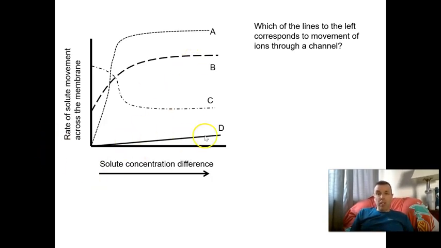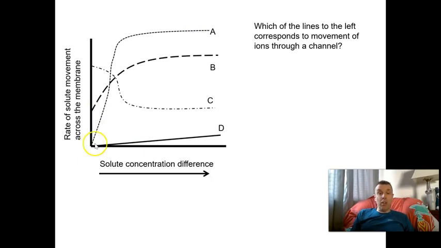So that probably eliminates D. And we know that if you don't have any concentration difference, you're going to have no net movement. So that's what eliminates B. That's the big thing here. When you look at B, even when there's no concentration difference, we still have movement across the membrane. And that wouldn't happen because there is no high, there is no low. So the one that makes the most sense here is A.